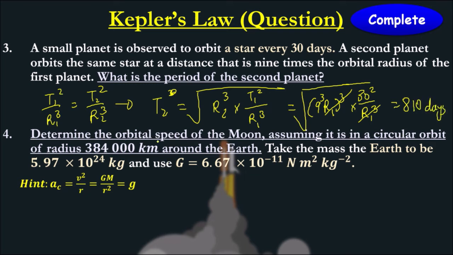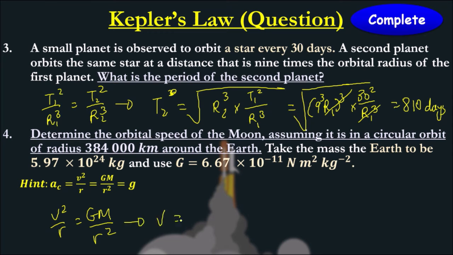Okay. Determine the orbital speed of the moon, assuming it has a circular orbit of that radius around the Earth, and take the mass of Earth as following. So, we can rewrite the equation like so, because we know that gravitational acceleration can be expressed like this, particularly if it's in circular motion.